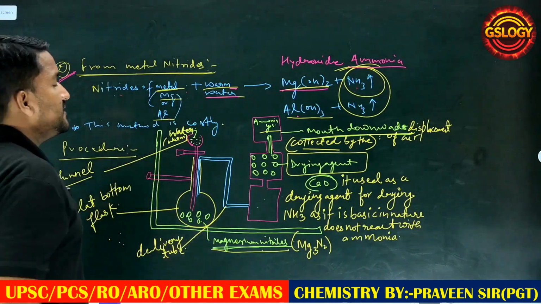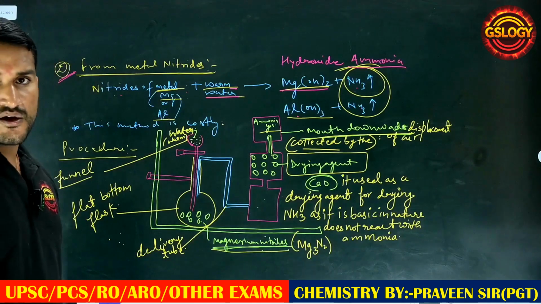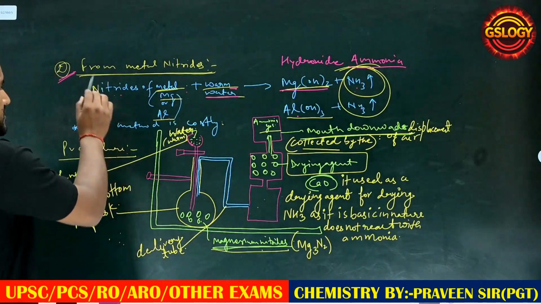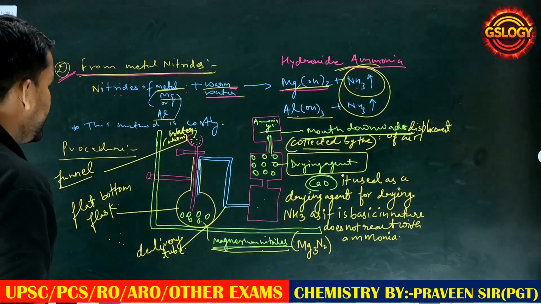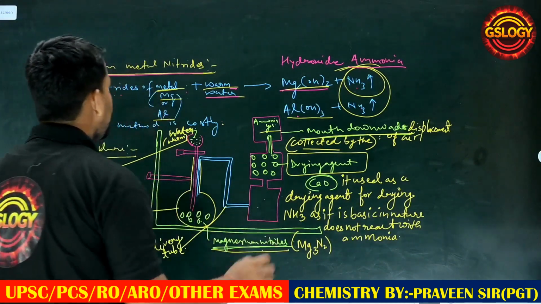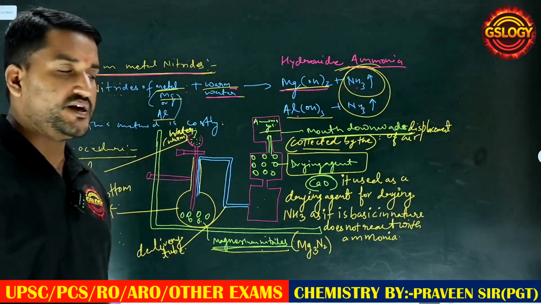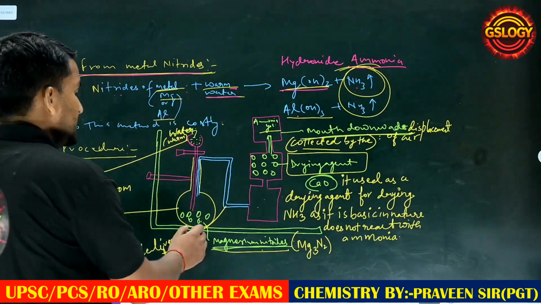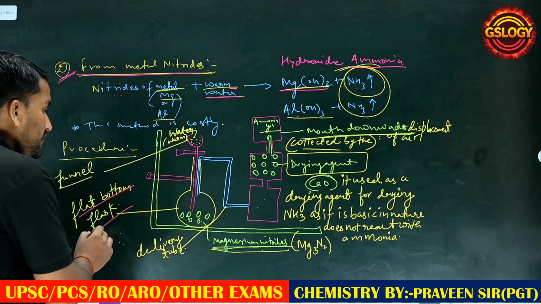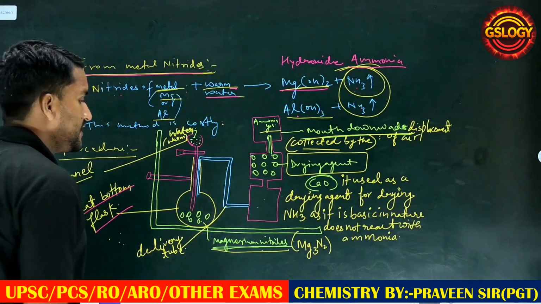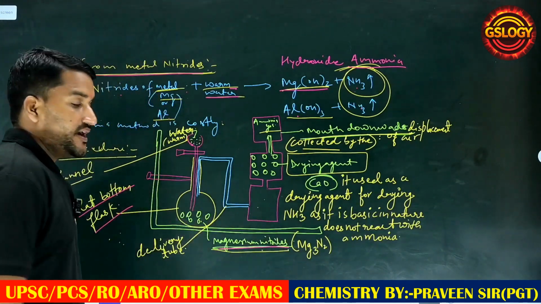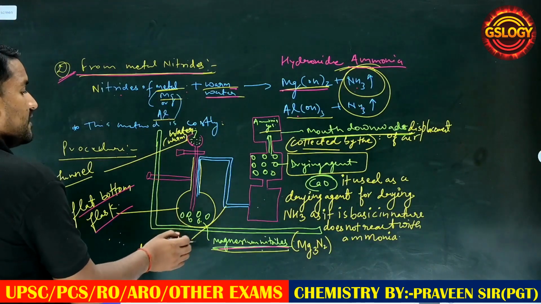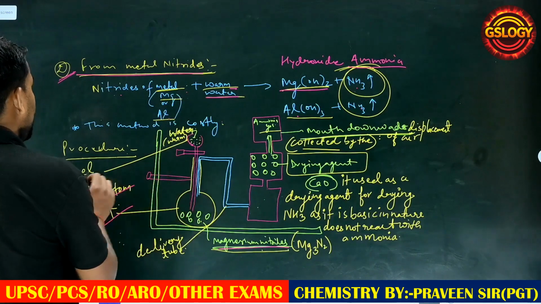This method is very costly. Clear? And what is the procedure of this method? It is the arrangement for the preparation of ammonia from nitrides of metal. It is a flat bottom flask, and in this flask is taken magnesium nitride, Mg3N2. Okay, there is a delivery tube and a funnel.